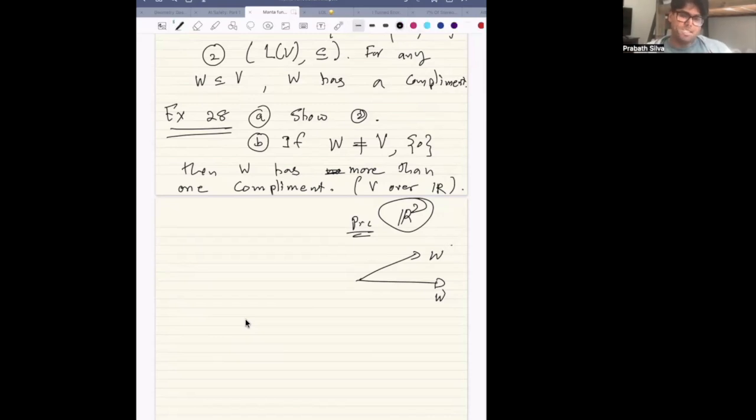If you do that, then the intersection is the singleton, and also the sum is the whole space. So that means W prime is a complement. But also you can take W prime to be another line. Okay. So the complement is not unique in this case. Okay.